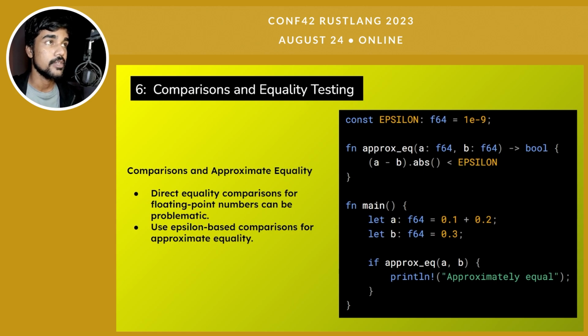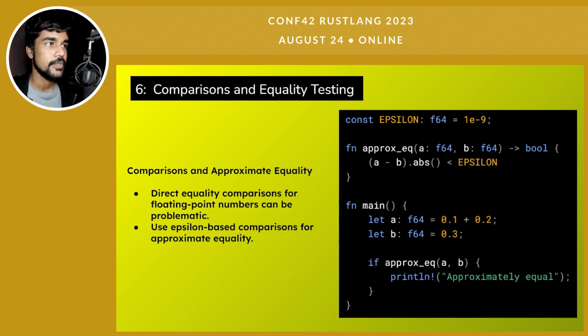Now, coming to another interesting issue with floating point numbers: comparison and equality testing. Trust me, this is the one most of you will come across if you ever work with floating point numbers in your code. I came across it the first time in high school. I couldn't compare the floating point numbers because the result was so arbitrary that it was not possible for me to write the code logic at that time.